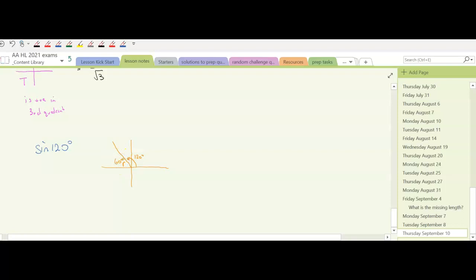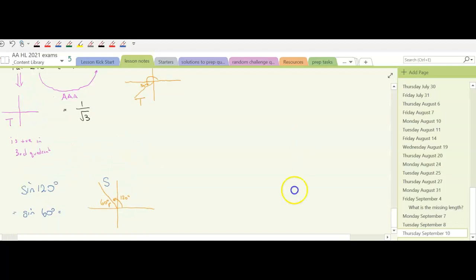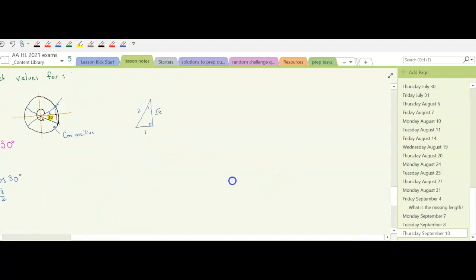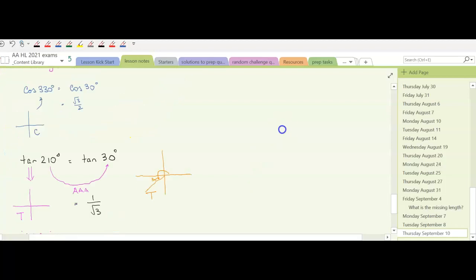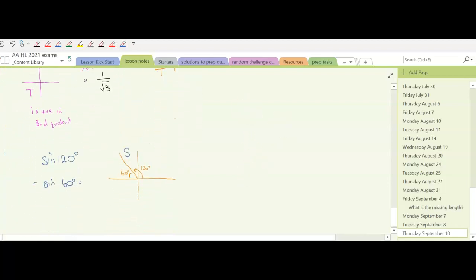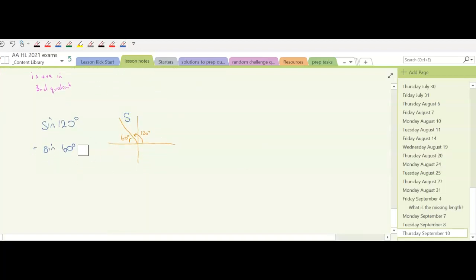So I've got an associated acute angle of 60, and I'm in the second quadrant. All stations, I'm positive again. So it's positive sine 60 degrees, and 60 is just this guy in here, and that's root 3 over 2. So sine 120 is equal to sine 60, which is equal to root 3 over 2.